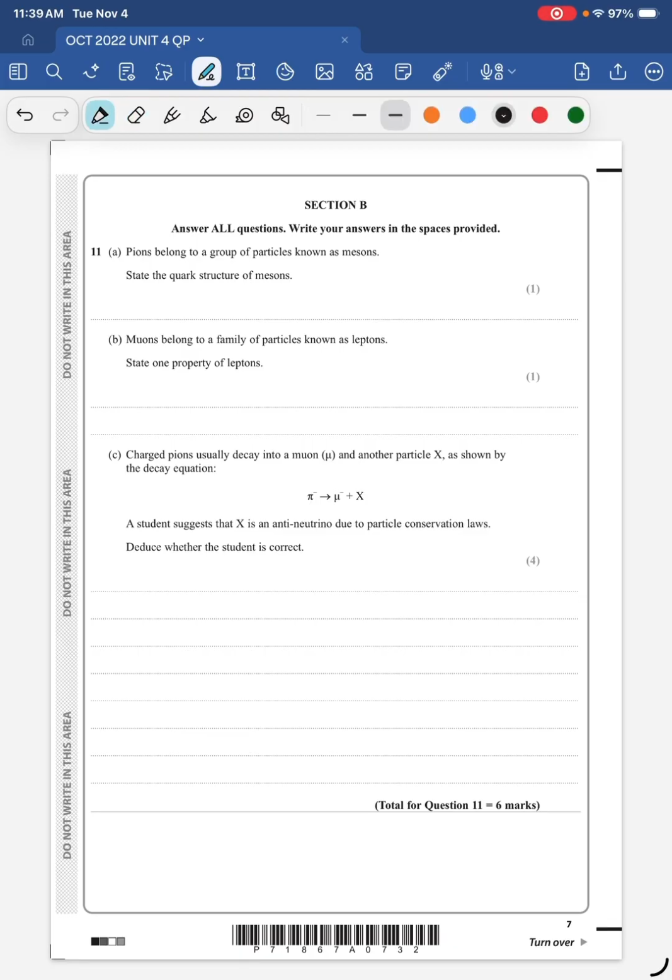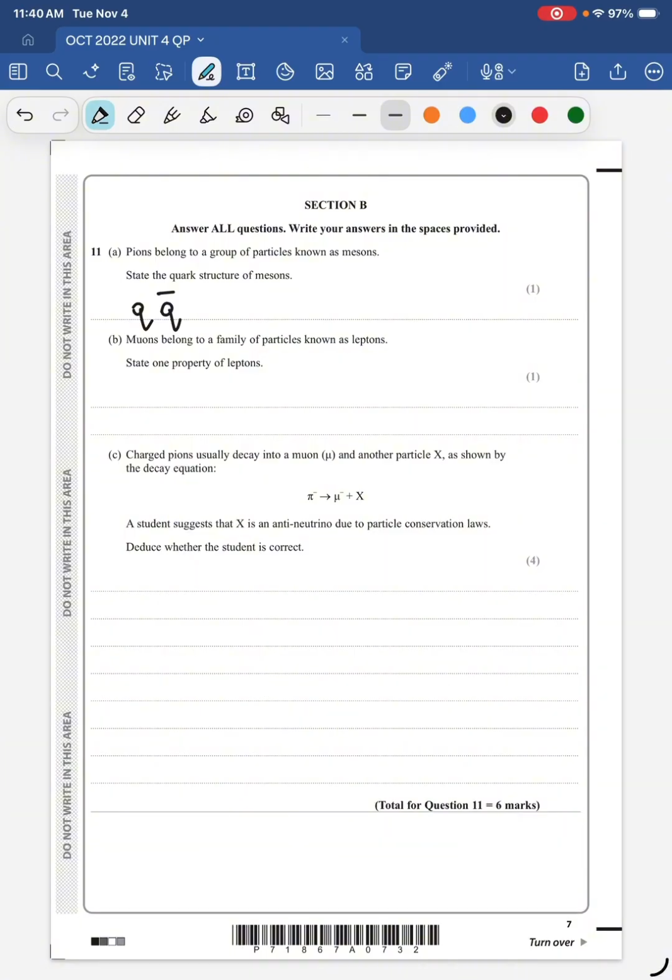Question 11. Pions belong to a group of particles known as mesons. State the quark structure of mesons. So mesons consist of a quark and an antiquark. Simple as that. Muons belong to a family of particles known as leptons. State one property of leptons.